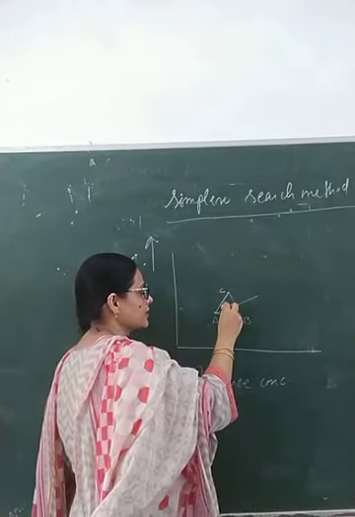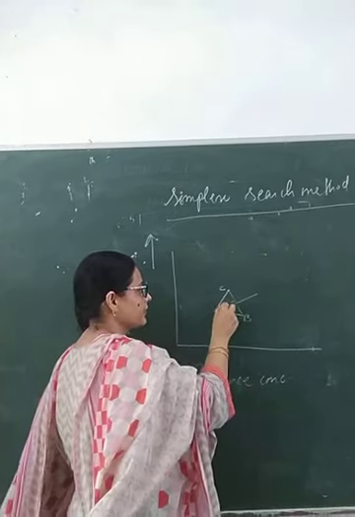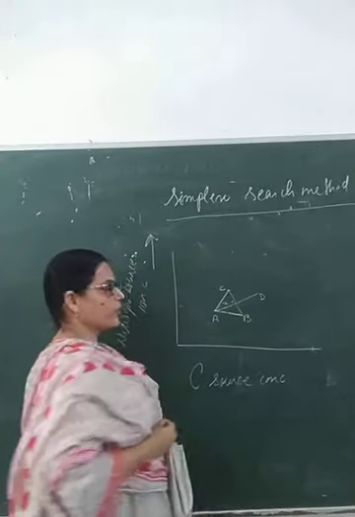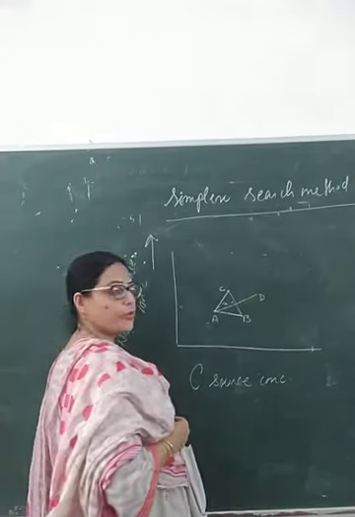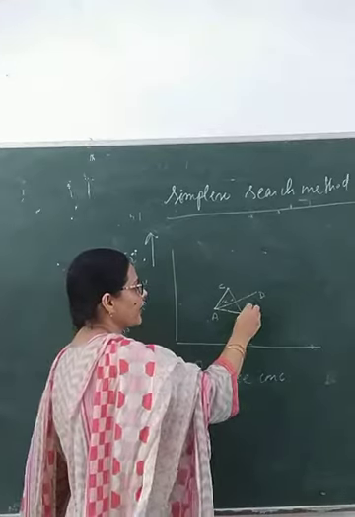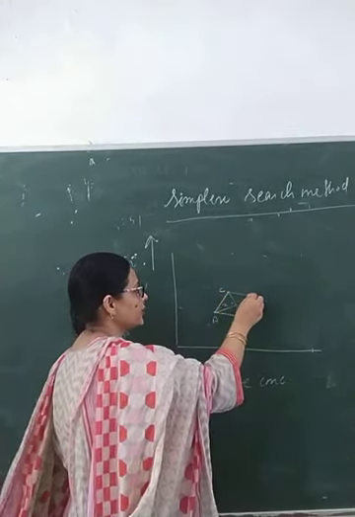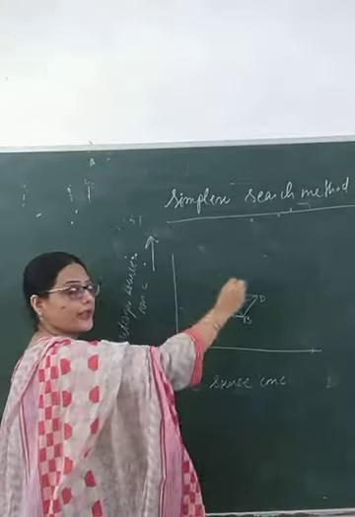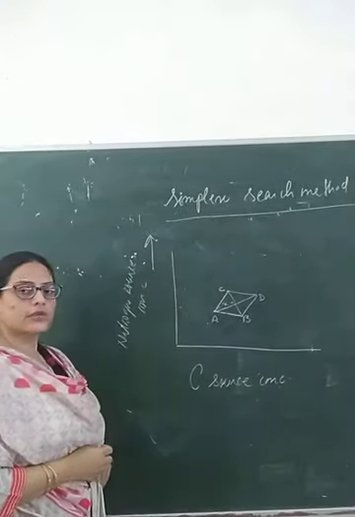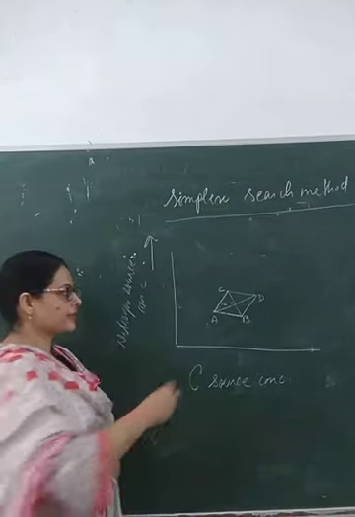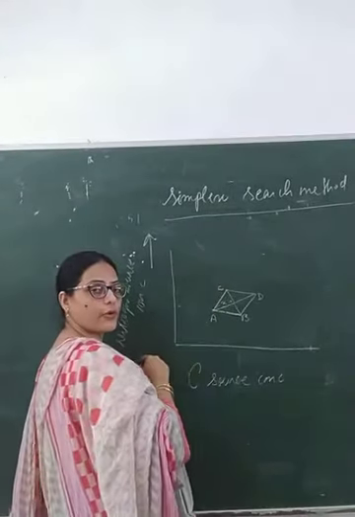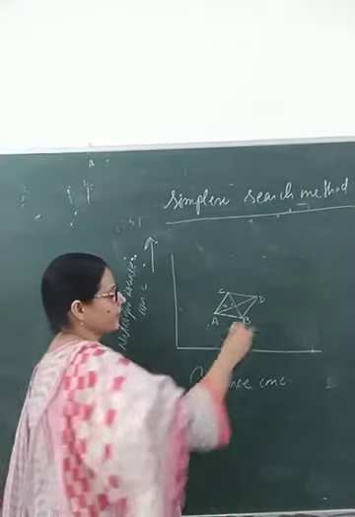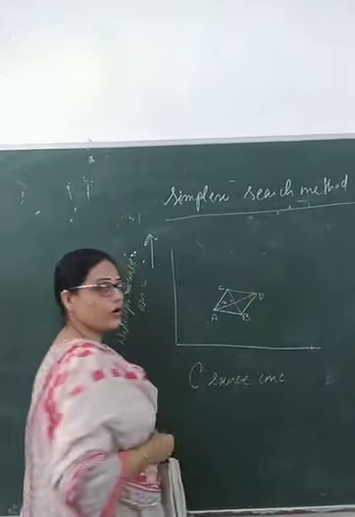This is the distance X. We keep this distance the same and then we choose a point D in such a way that BD is equal to DC. So such a polyhedral figure is called a simplex. This is a simplex in the form of a polyhedron having two equilateral triangles. Then we measure the response of D.